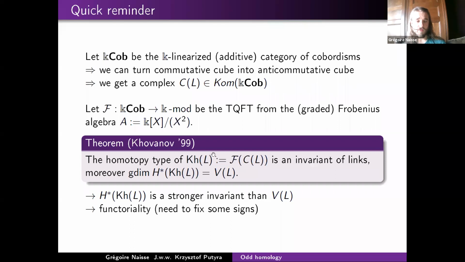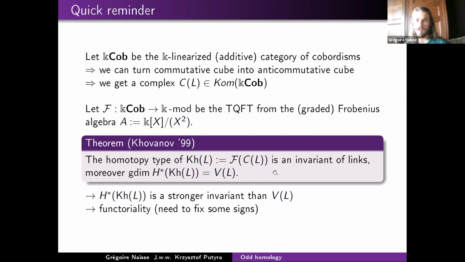Why is it interesting to do this more complicated construction? Well, a first answer is that it gives you a stronger invariant than the Jones polynomial, because you have a lot more information there. And also, now you are not playing with polynomials, but you are playing with spaces.